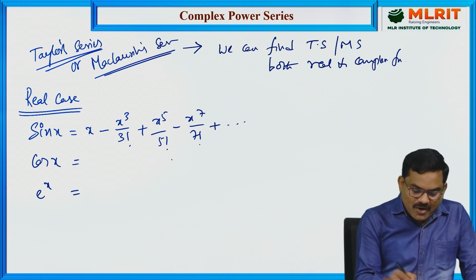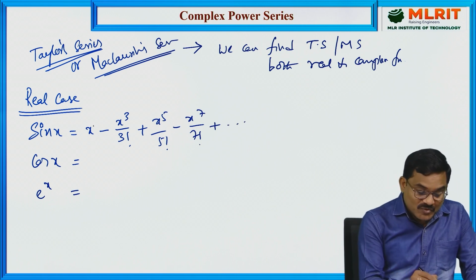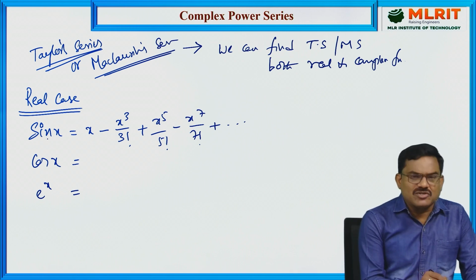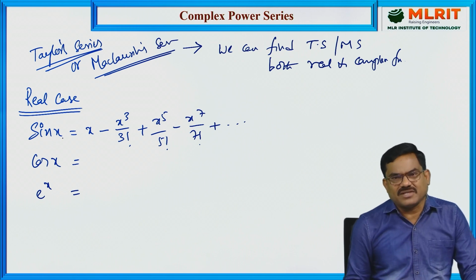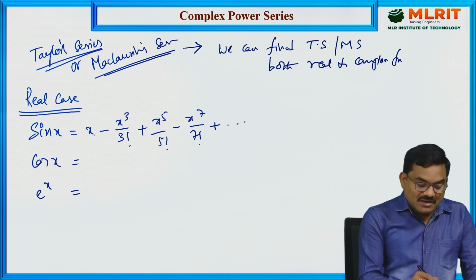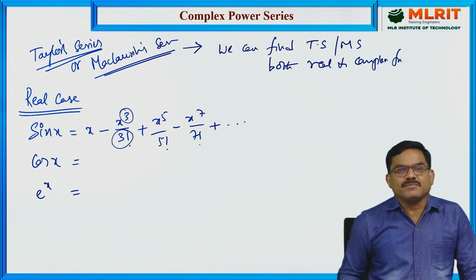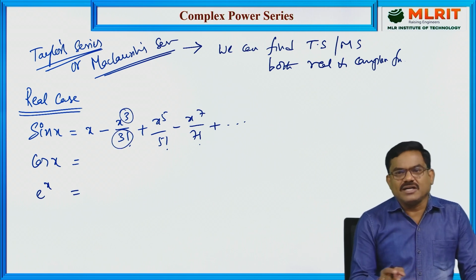So format is the main point. x is having only odd powers. So in the expansion of sin x, there are only odd powers of x. First term is x. x minus x cube by 3 factorial. So the power and this factorial must be the same. Plus minus alternately changes.